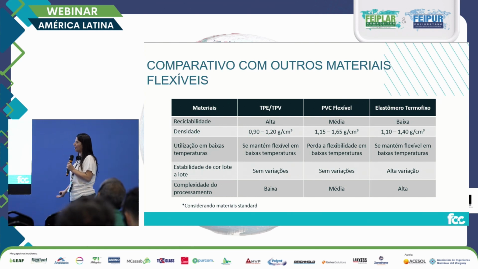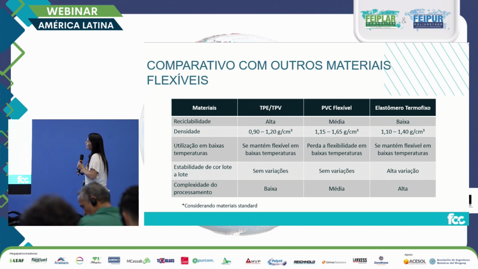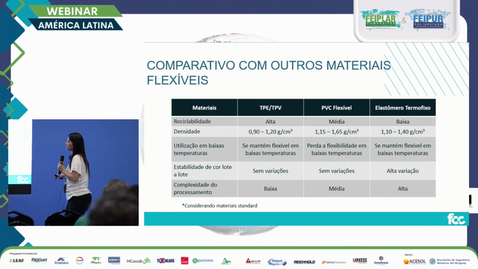So it's an advantage to work with the material at such low densities. At low temperatures, TPE and TPV remain flexible. PVC loses flexibility at low temperatures. And thermoset elastomers also remain flexible in those same conditions.